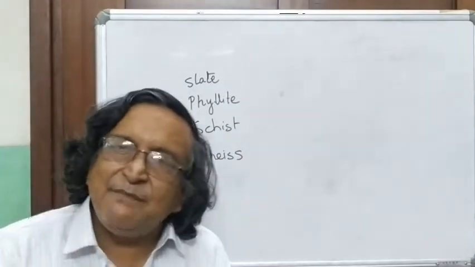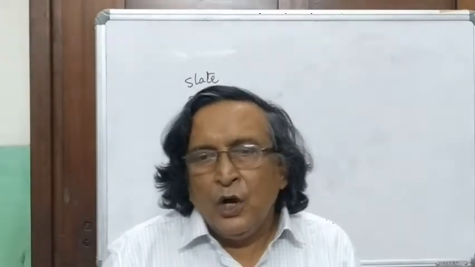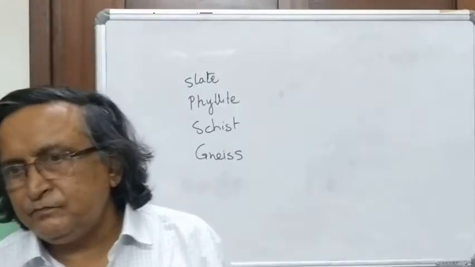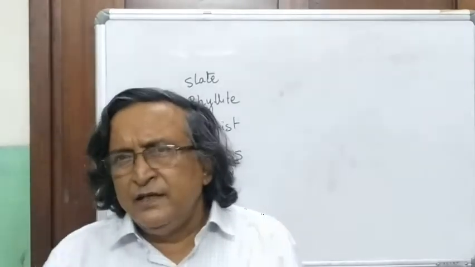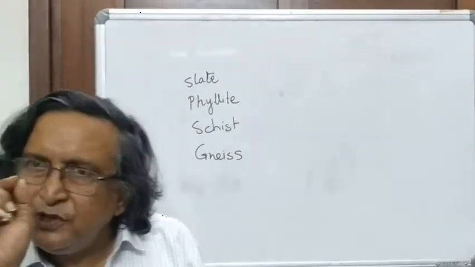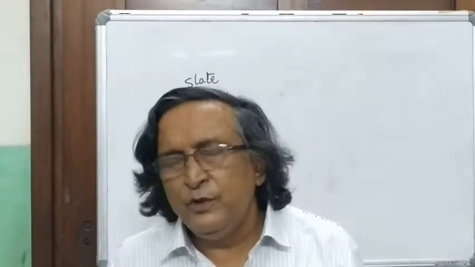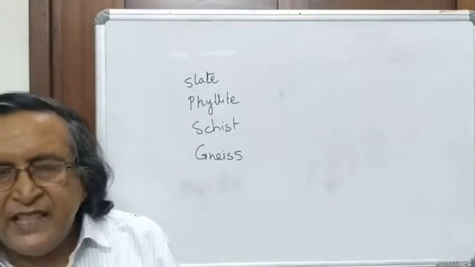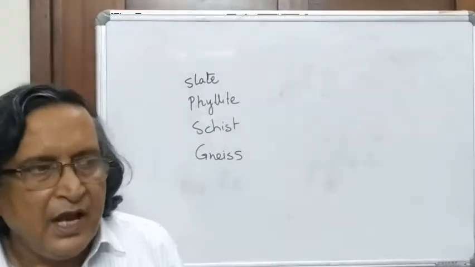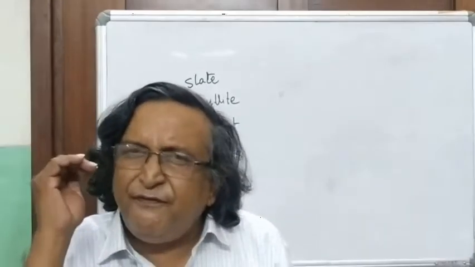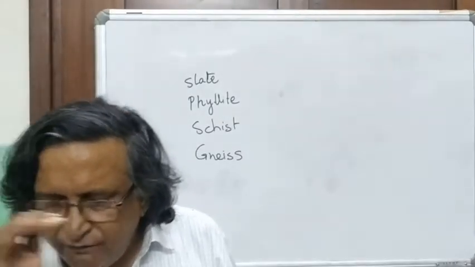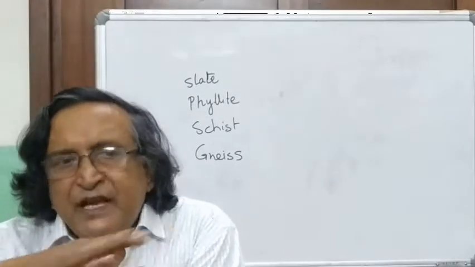So slate is a metamorphic rock which is very dark, almost jet black in color. And the minerals in the slate, you will not be able to distinguish with your naked eye. And they are brittle. That's why when you throw them, they break. And they have a very finely laminated habit. They are very fine laminations.